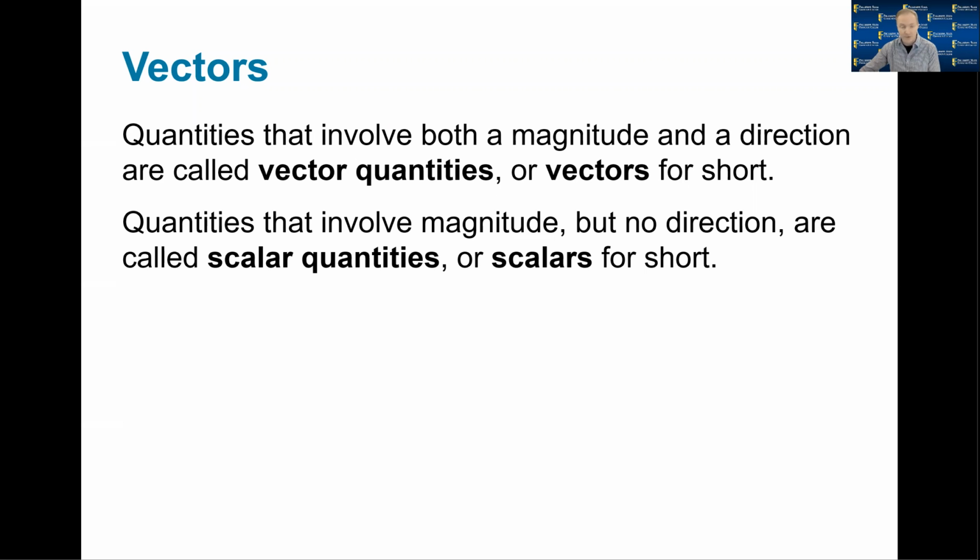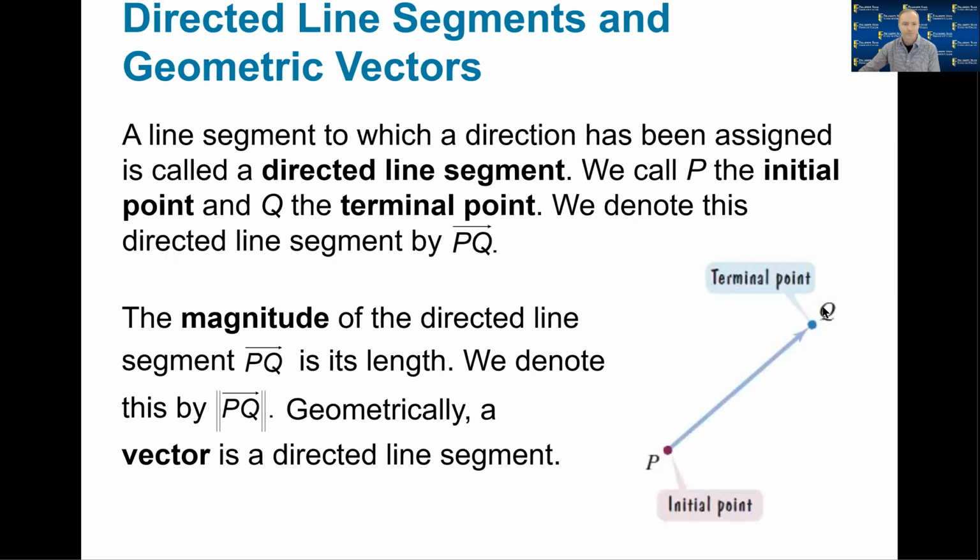That is a vector. Now, if I just give a quantity but don't mention a direction, that's going to be a scalar. We can say scalar quantities or scalars. So a scalar has a magnitude, but no specific direction.